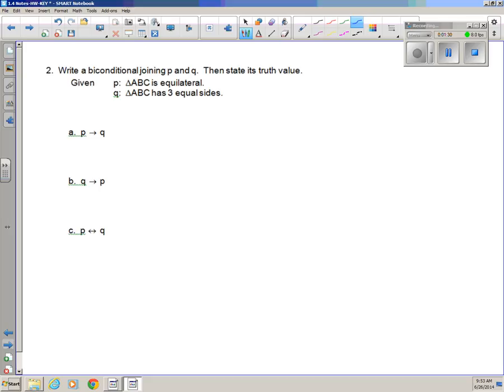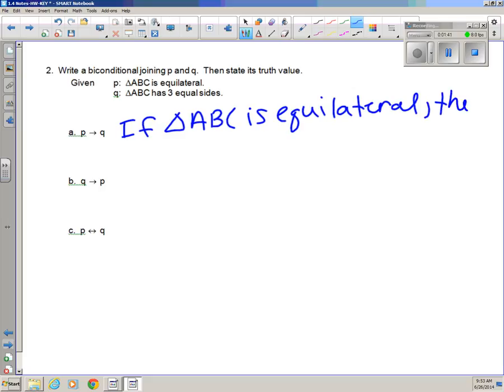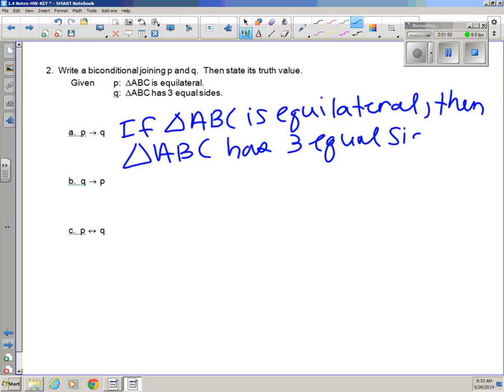So the first part would be: if triangle ABC is equilateral, then triangle ABC has three equal sides. Hopefully equilateral means all the same, and this happens to be true, right? If ABC is equilateral, then triangle ABC has to have three equal sides.